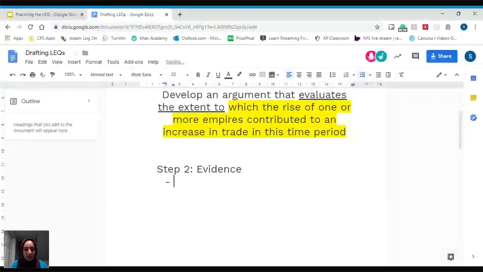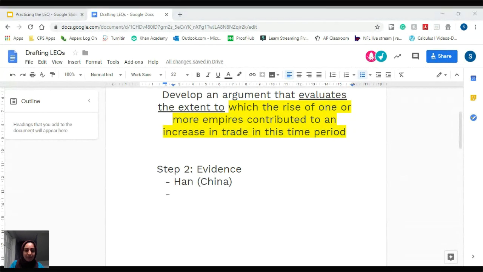So let me just write Han. This was a Chinese empire, so I'll just put China right next to it. You guys know any other empires? European. What was a big European empire in this time period? Rome, yes, Roman Empire.